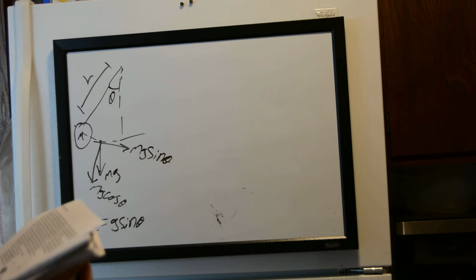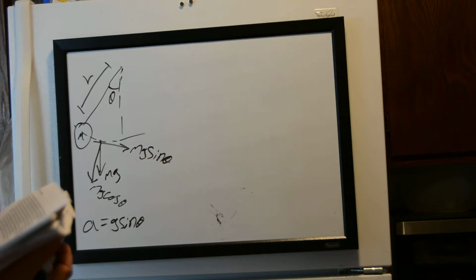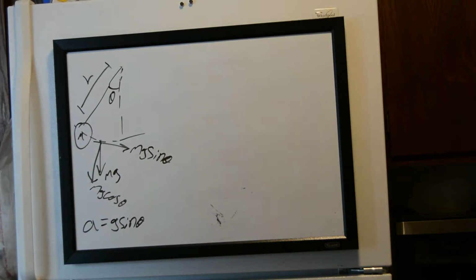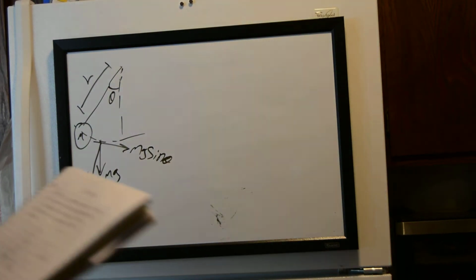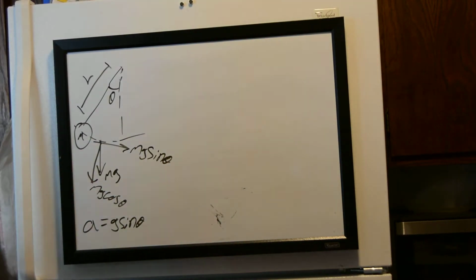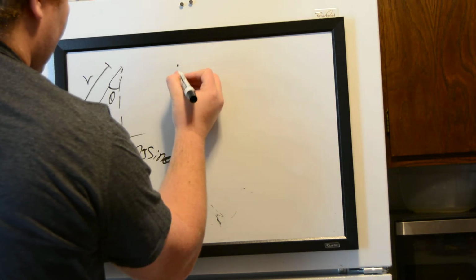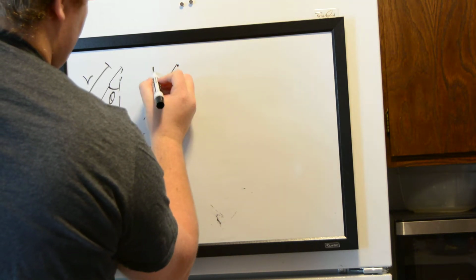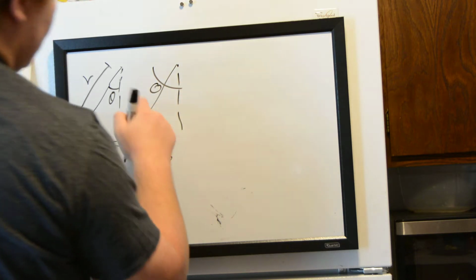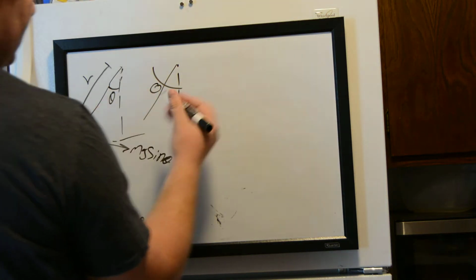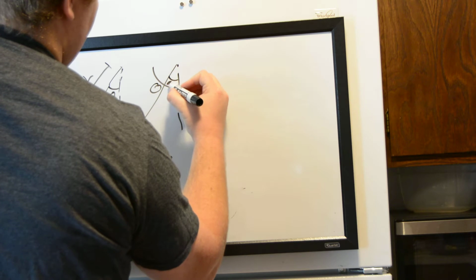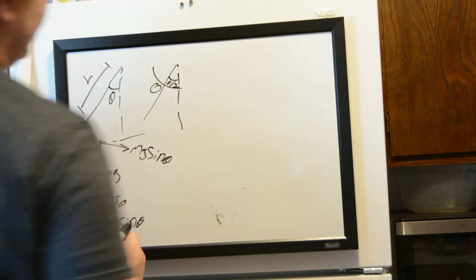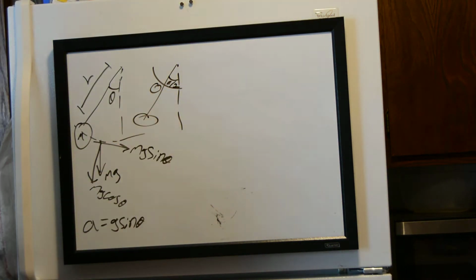Okay, so it says to repeat part A for the instant when the pendulum is at half of theta. So for that one, we pretty much draw the same diagram, except this whole thing right here is going to be the original angle theta, and where the pendulum actually is is theta halves.